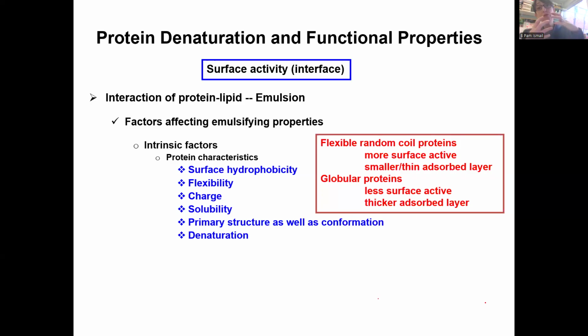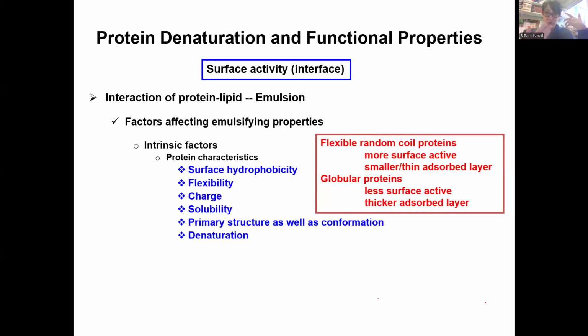And they are usually smaller. Even if they unfold, they don't unfold completely and become an open structure like casein, for example. So more proteins will get on that. There will be more space for the protein to form around the bubble or the droplet. They form thicker films. So a combination usually of these characteristics forms a very nice emulsion at lower concentration and a stable emulsion.